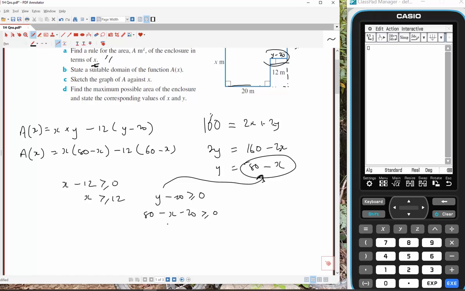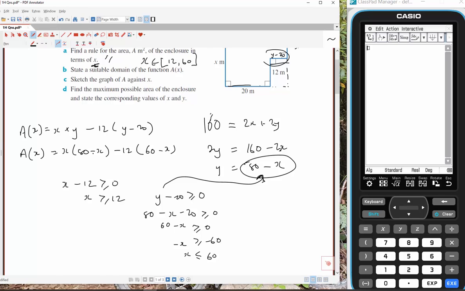That means 60 take x has got to be greater than or equal to 0. Negative x greater than or equal to negative 60, x less than 60. So this is implying that a suitable domain for the function would be x is an element between 12 and 60.